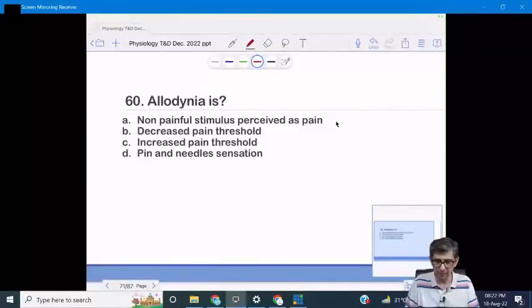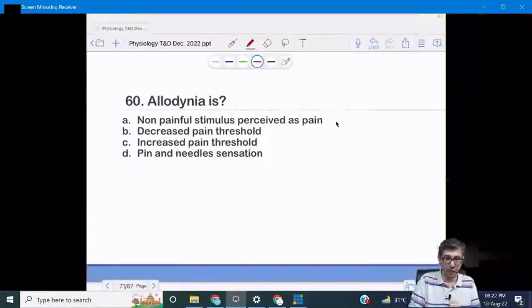Okay, moving to question number 60. Allodynia implies what?